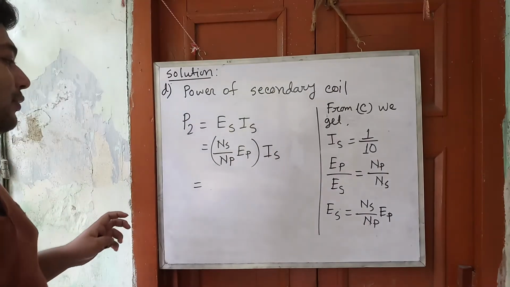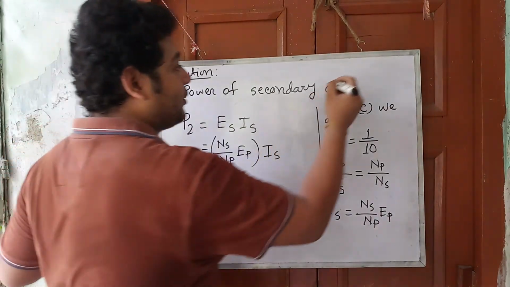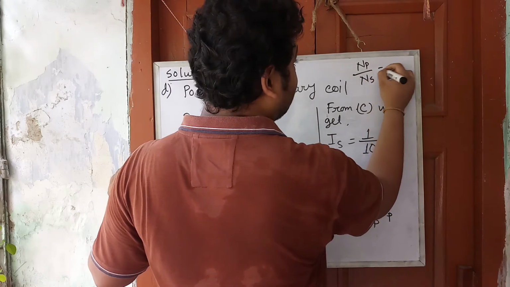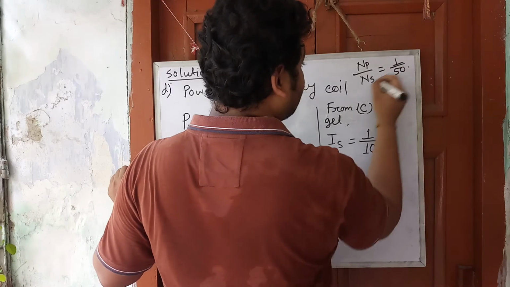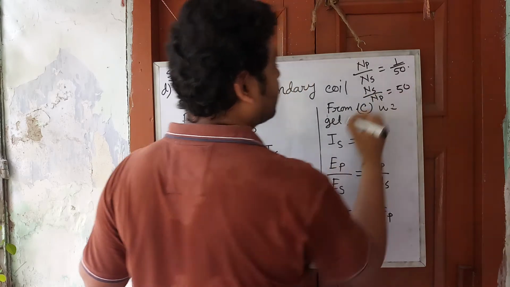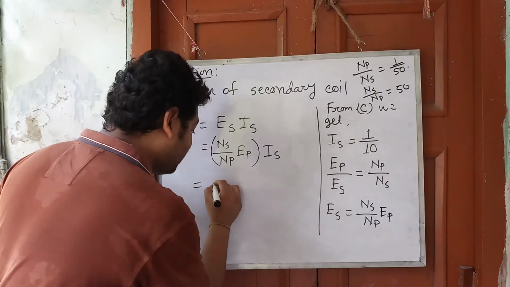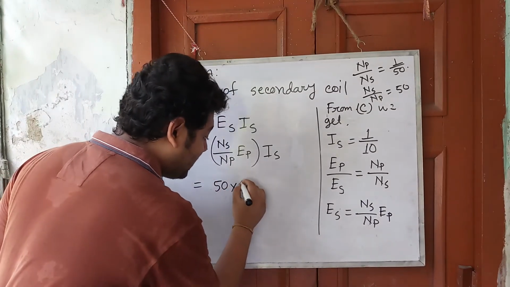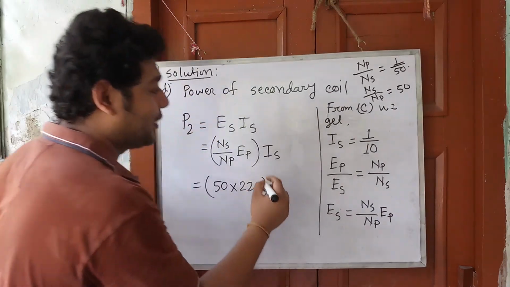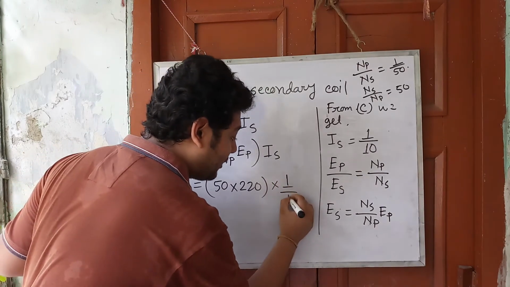So putting the value for all of this, we have given that NP by NS equal to 1 by 50. So we can write NS by NP equal to 50. Clear? Okay. So NS by NP equal to 50 and EP is given 220 volt, and IS we get from question number C is 1 by 10.